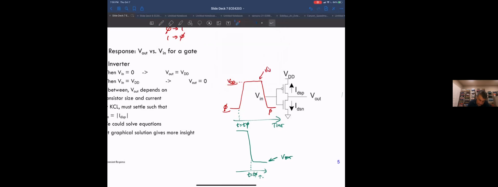So let's look at what happens in this part of time where the input has been 0 for a while. When the input's been 0 for a while, the input to the NMOS is 0. So its VGS is 0. That means this device is off. The VGS of the PMOS: this is 0, this is VDD, so the gate-source voltage is minus VDD.